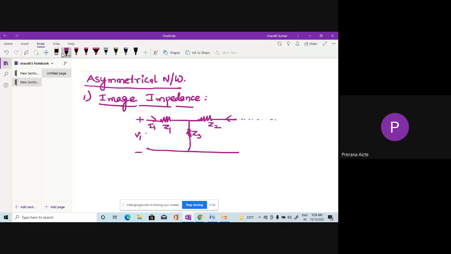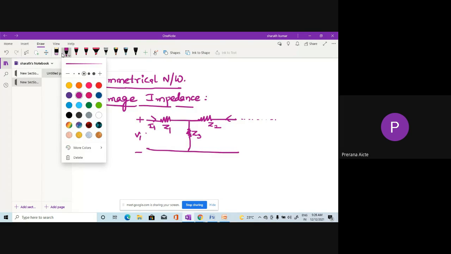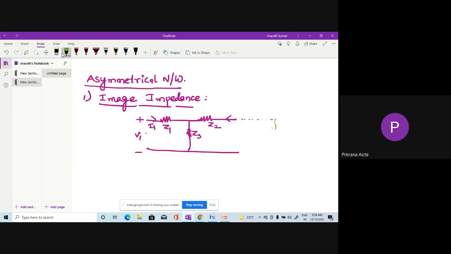The load is named ZI2. Here I stands for image and Z for impedance of the two-port network. I am considering at port 2 a load called the image impedance ZI2. So I have connected a load ZI2 to port 2.